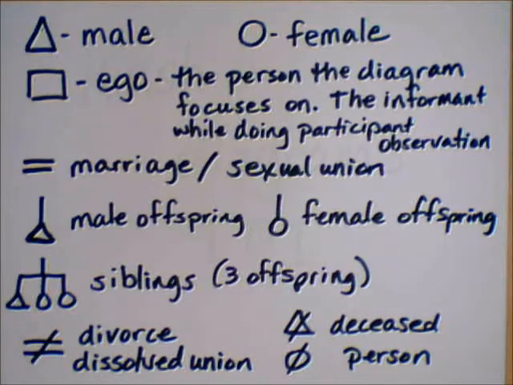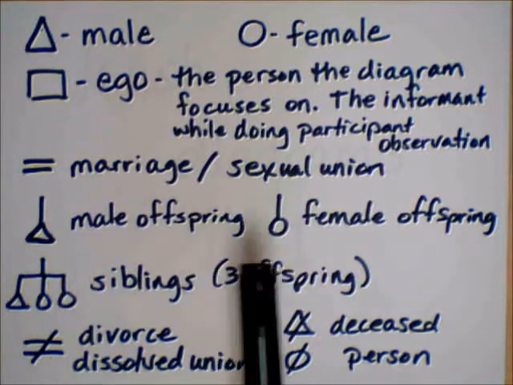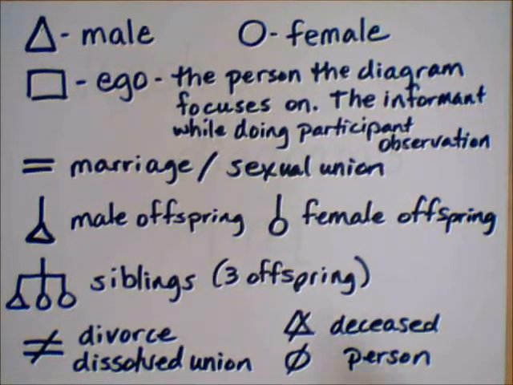So you've seen this on the lectures online already. You see the marriage symbol. Here's how you show a male offspring compared to a female offspring. That straight line down would come out of that marriage or sexual union symbol. In most cases, not all, but in most cases, if there are multiple children produced from a sexual union, you show siblings like this.